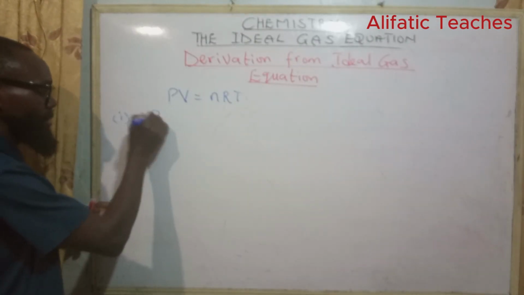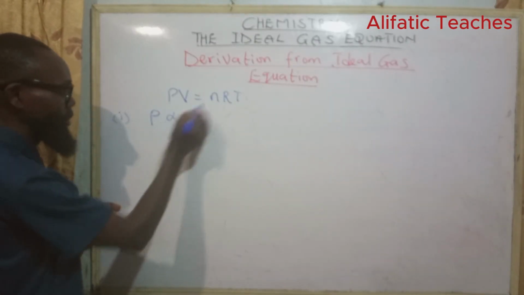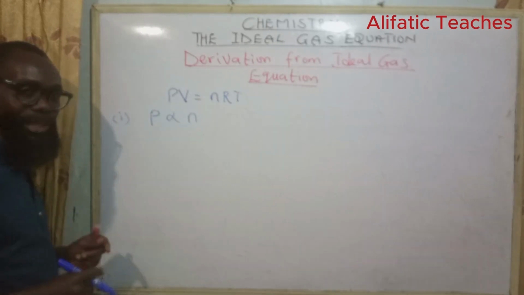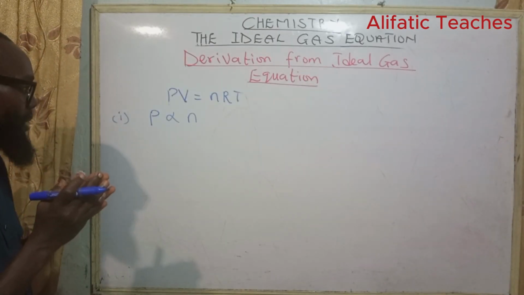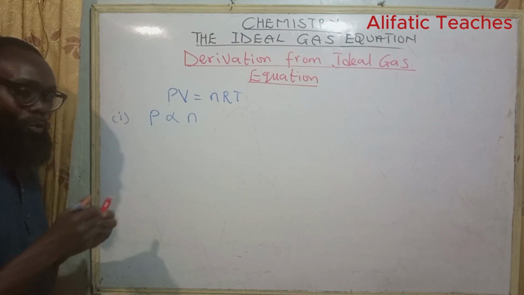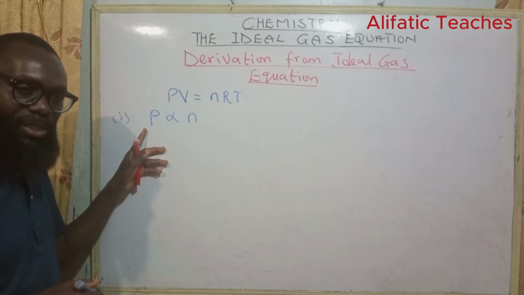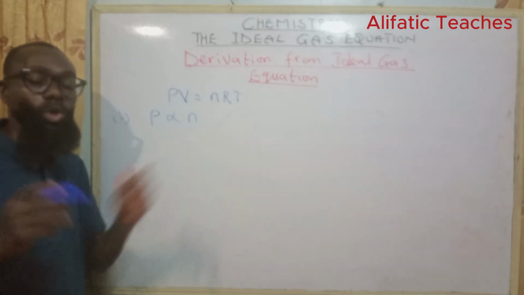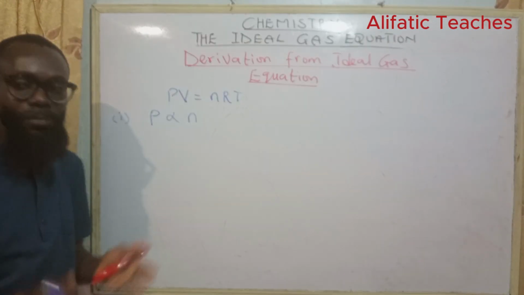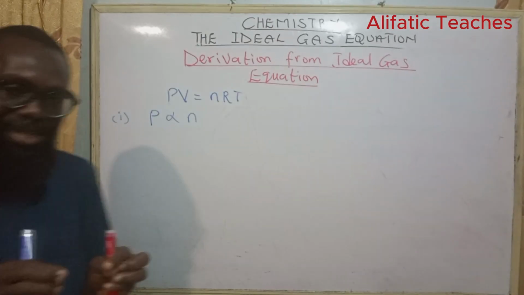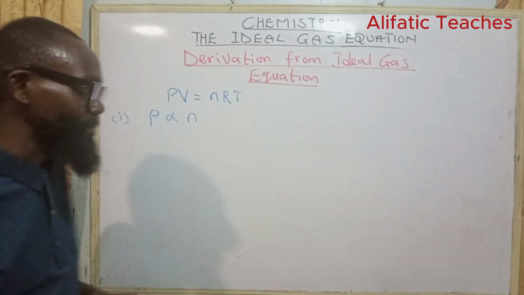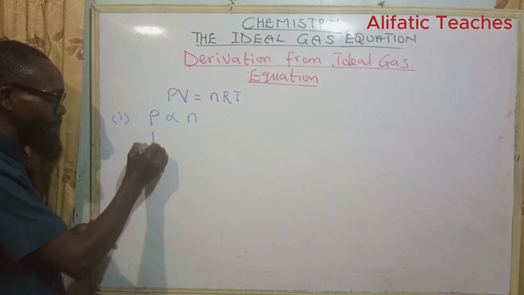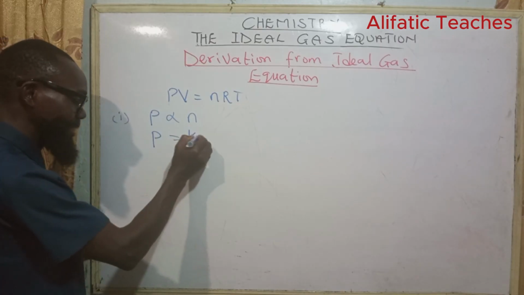Our pressure is directly proportional to the amount of the gas, the number of moles of the gas. Which means that when the pressure increases, the amount of the gas will also increase. Increase in pressure will lead to an increase in the amount of what? Of the gas. From here, let us say P is equal to Kn.